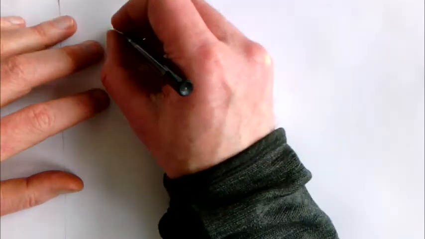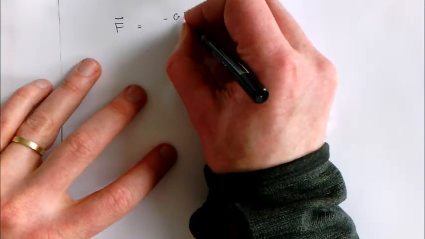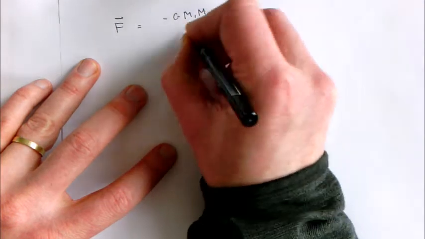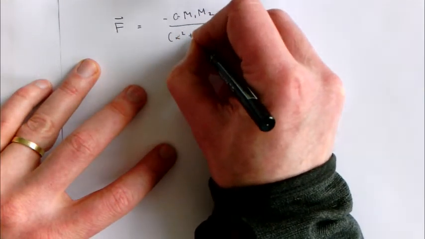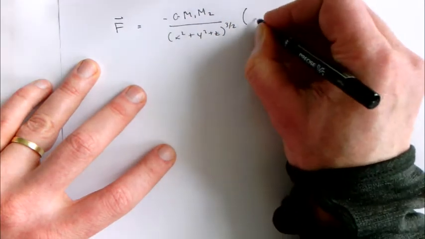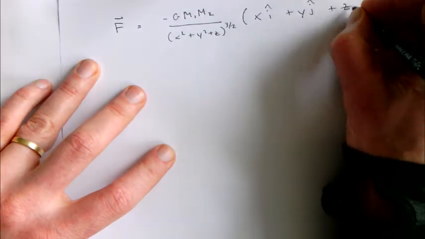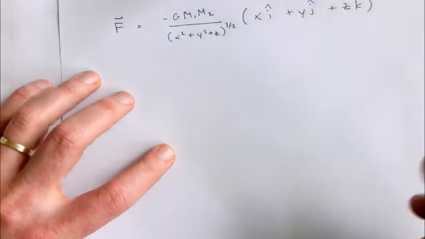So my force ends up being minus G m1 m2 divided by x squared plus y squared plus z squared to the 3/2 power times the quantity x i hat plus y j hat plus z k hat.